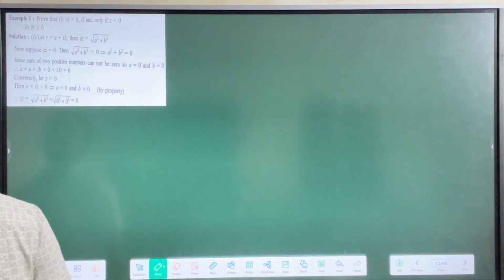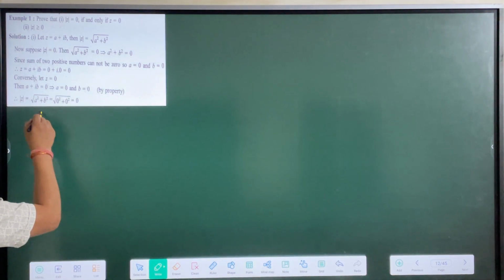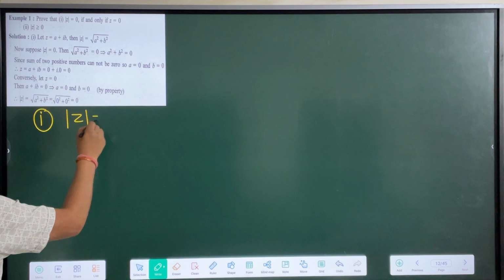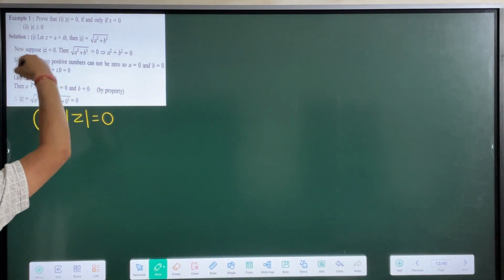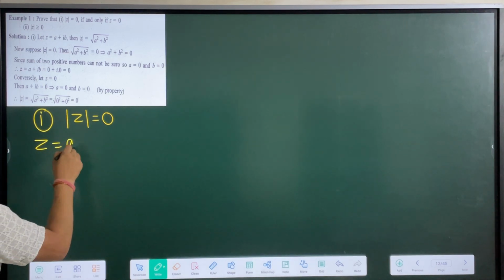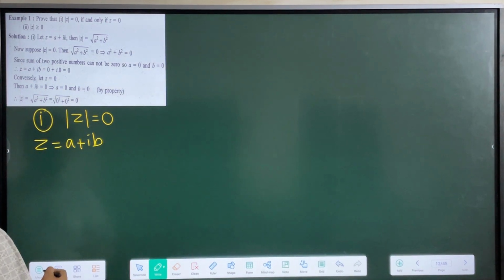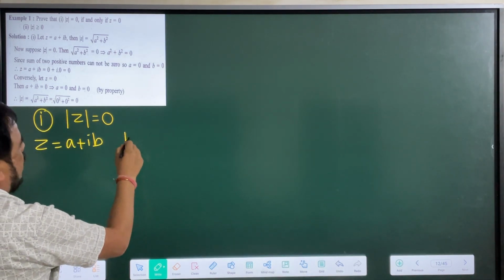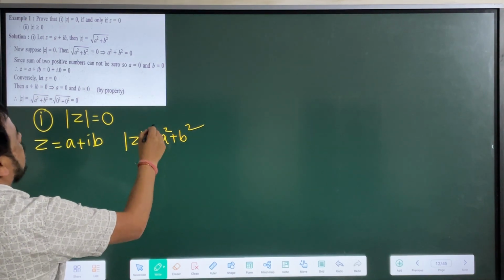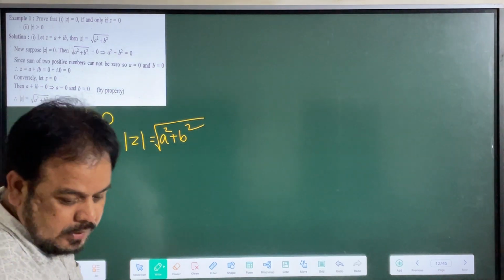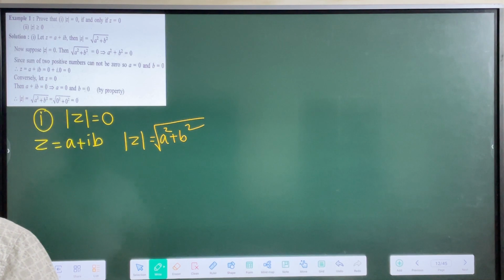Example 1. Prove that modulus of z is equal to 0 if and only if z equals 0. Now we have taken z equals a plus ib, then modulus of z equals a square plus b square.